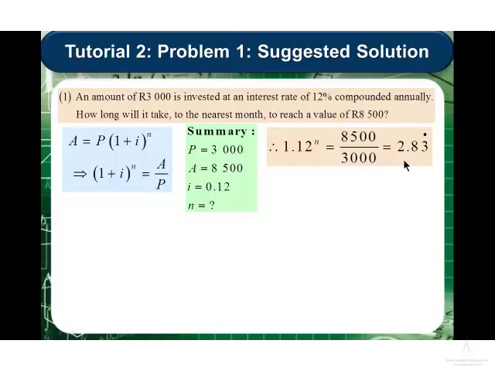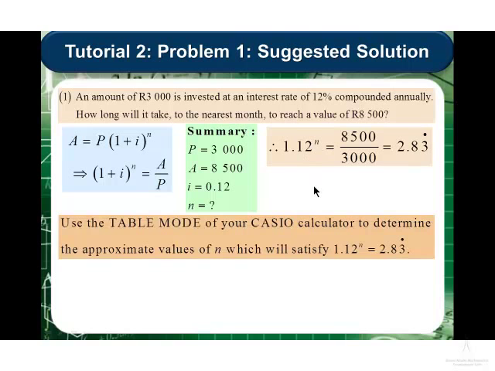So to approach this problem, just by experimenting with certain n values or the number of interest periods which will satisfy this particular equation, we can actually utilize our calculator very effectively to do an investigation to see possibly between which values will the actual answer lie, the exact answer which will satisfy this particular equation which we got from our compound interest formula in this particular format.